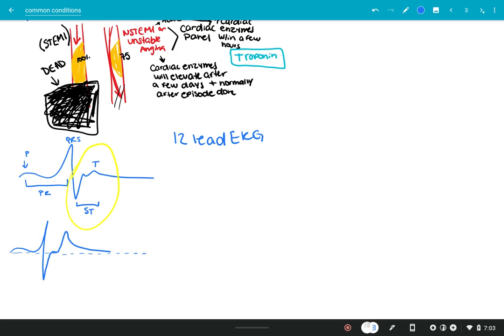And I didn't mention this in the heart failure video, but anterior MIs can lead to heart failure, because when we're talking about the anterior wall of the heart, we're talking about that ventricle.